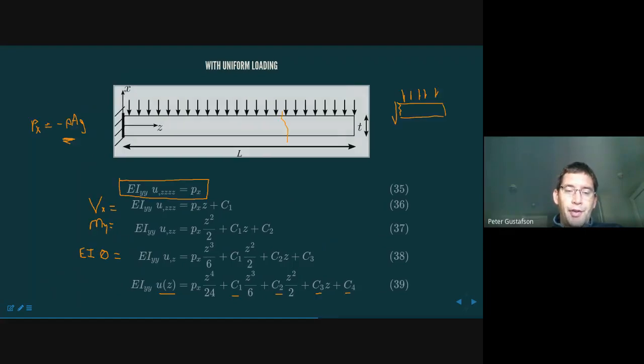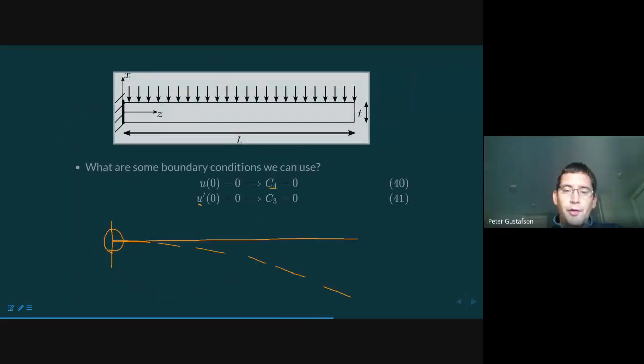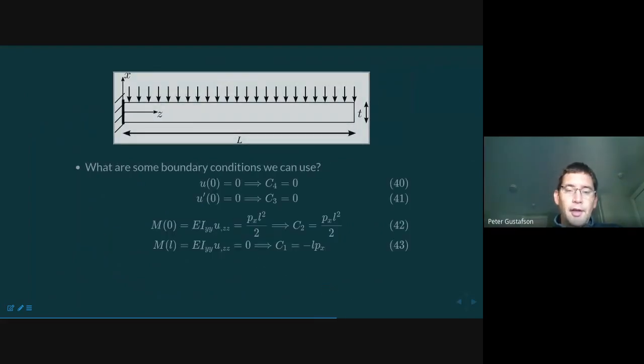So, looking at this equation, slope 0 here, we put that on the left-hand side of this equation. And z is equal to 0, so 0, 0, 0, C3 is therefore going to be equal to 0. So we've knocked out 2 out of the 4 integration constants. Let's look at the next set.